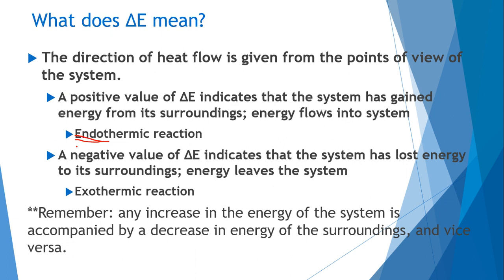We have absorbed heat, absorbed energy. If you have a negative value because you have lost energy by either losing heat or doing work, we call this exothermic because all that energy is leaving the system. Exo as in exiting. Remember, if we have an increase in energy of our system, that means our surroundings is decreasing, and vice versa.